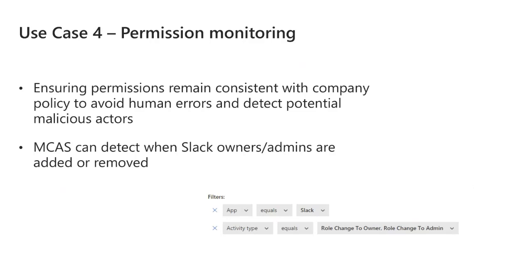If, let's say, an external user or a specific user from a user group or even any user in your organization is being added as an owner or admin, you immediately will be alerted and you can investigate if this user needed to be admin or owner, or this permission was given to him by mistake, or it is a compromised user.